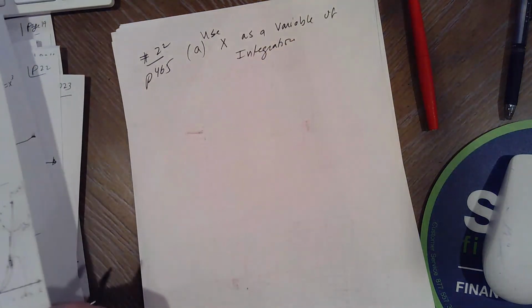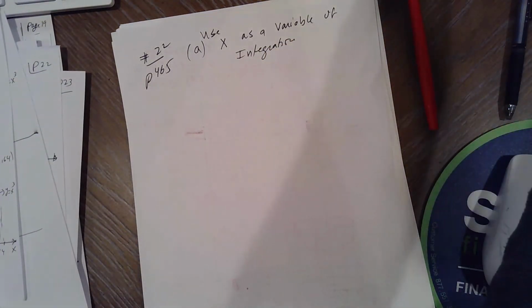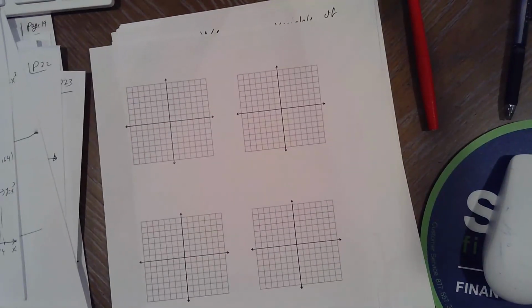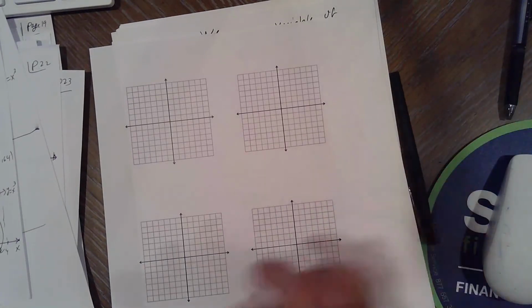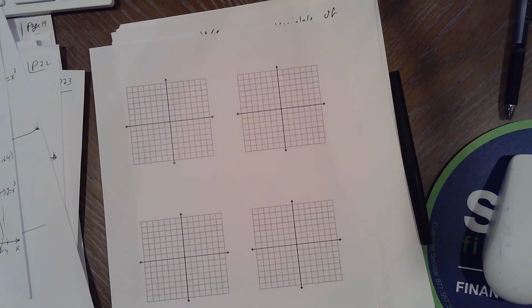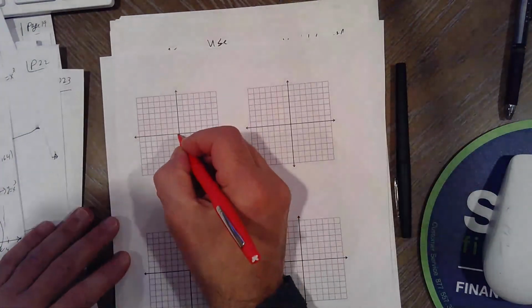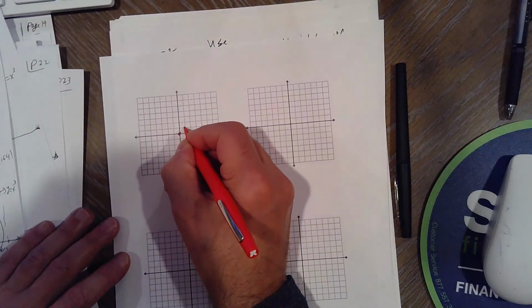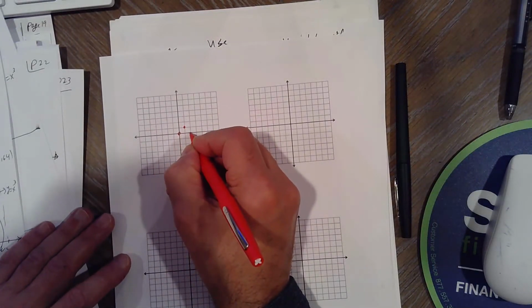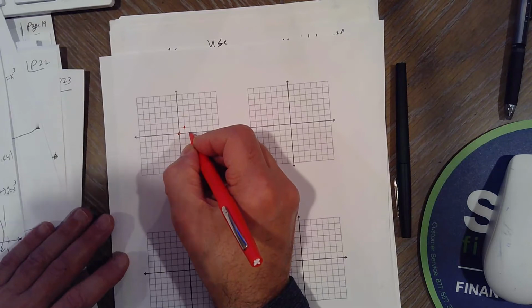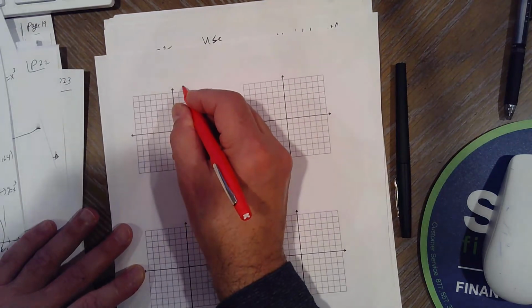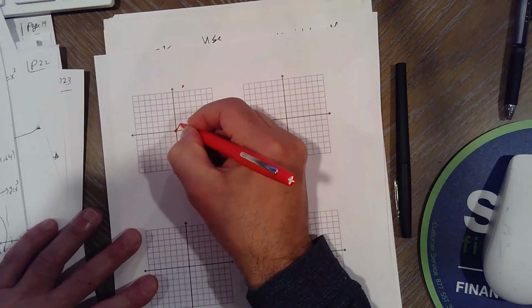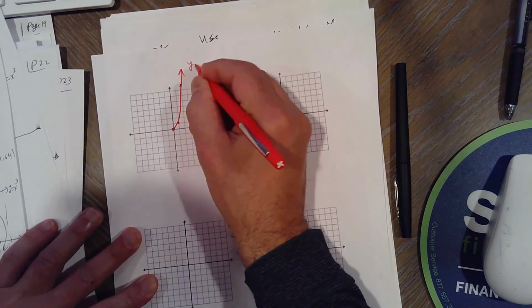And that region is, let's graph it. So we have y equals x cubed, and then y equals 4x squared. So y equals x cubed goes through 0, 0, 1, 1, 2, 8. So this is y equals x cubed.